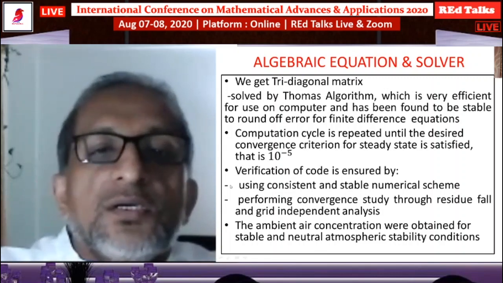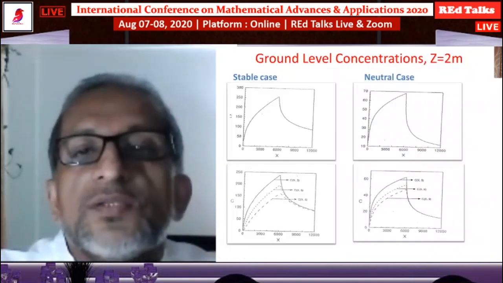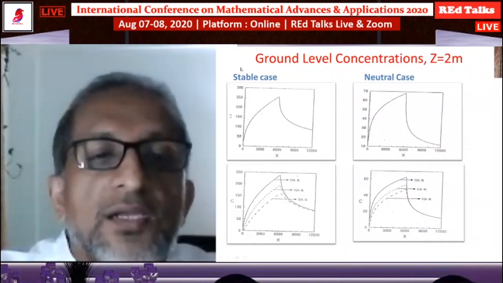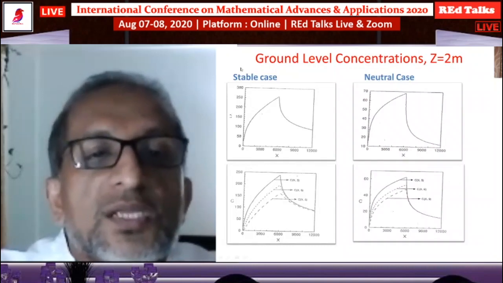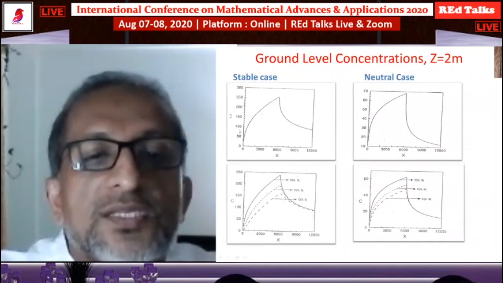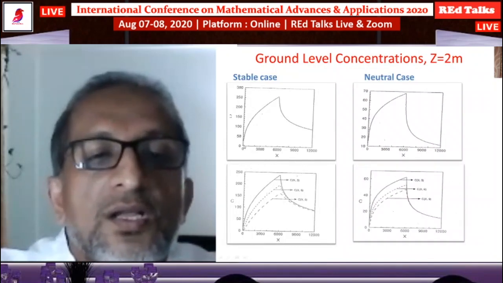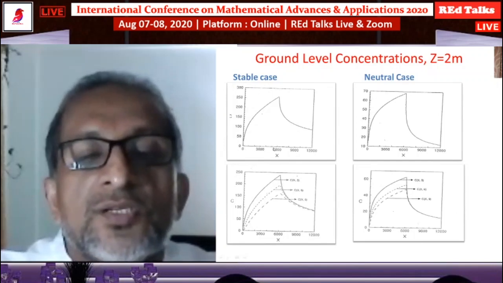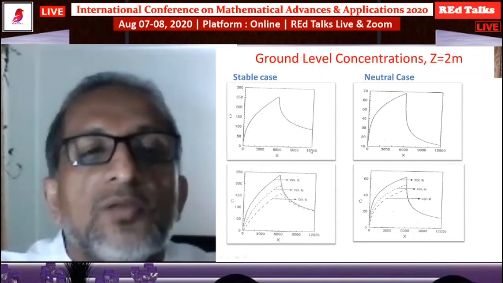And from the pollution point of view, stable is not a good condition. So these are the ground level concentrations at 2 meter height, and if we see the stable case, this is the 6 kilometer, that is the city limit, and we calculate the concentration of pollutant up to 12 kilometer.